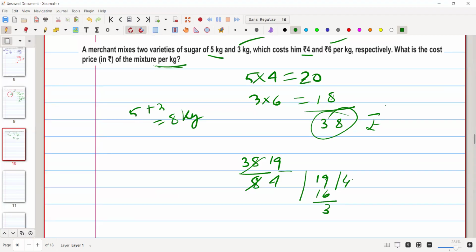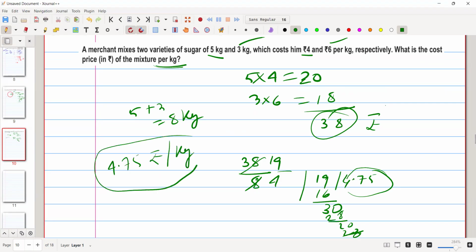So we can get 75 at the end of the decimal place. So 4.75 rupees per kg is the cost for the mixture per kg. Okay.